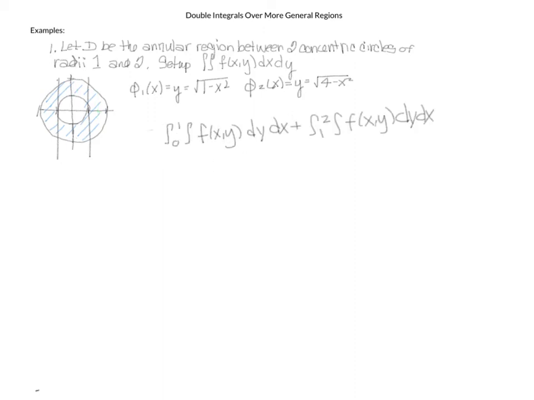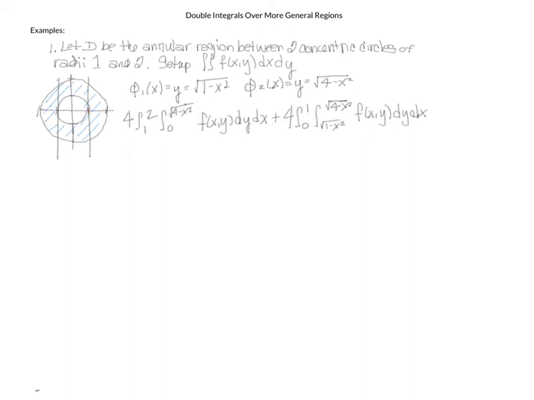So the solution is we really need to break this up. We need to break up the x region going from 0 to 1, and then the x region going from 1 to 2. And so here I have my integral. Again, because I'm only integrating in the first quadrant, I multiply each by 4, and for some reason I switched these two.